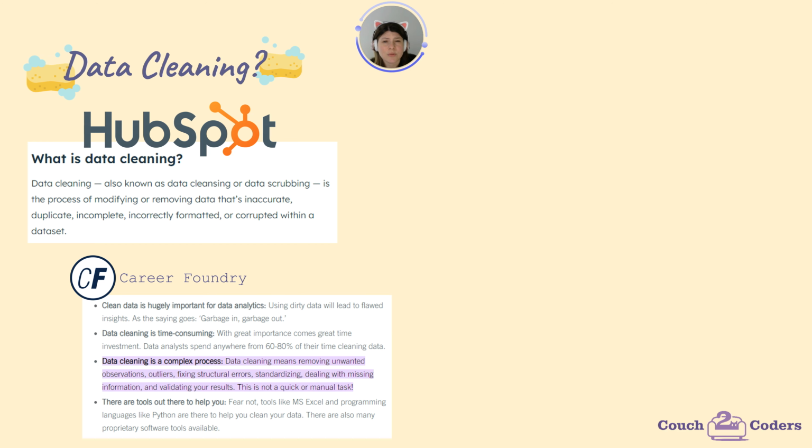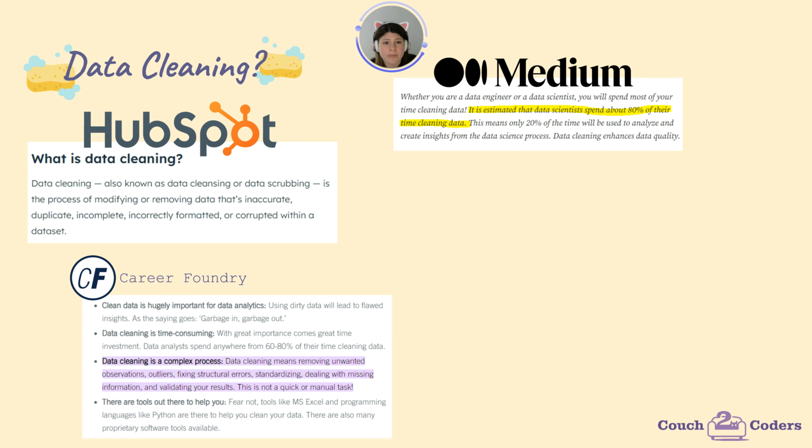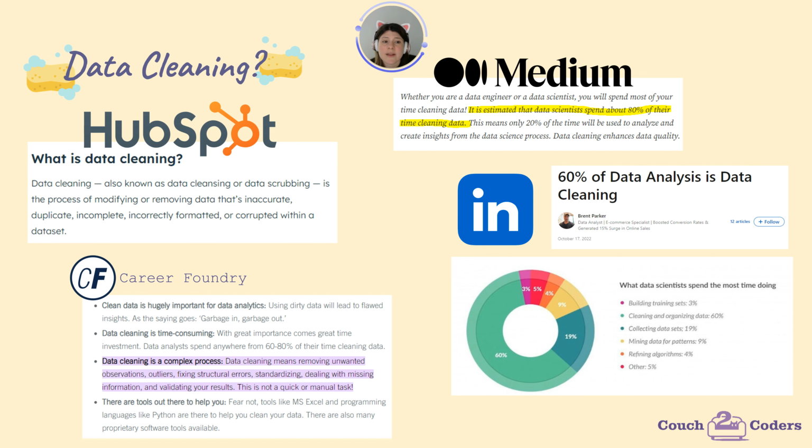Data cleaning is a huge component of your day-to-day job. According to Medium, data engineers or data scientists find that they spend 80% of their time cleaning data. And you're like, what? 80% of your time? That means you only spend 20% actually doing any analysis or data modeling. I have another estimate from LinkedIn that says not quite 80%, but about 60% of your data analysis is in data cleaning.